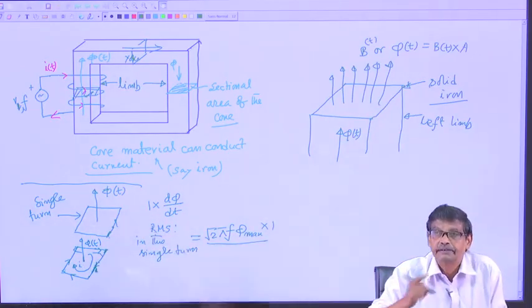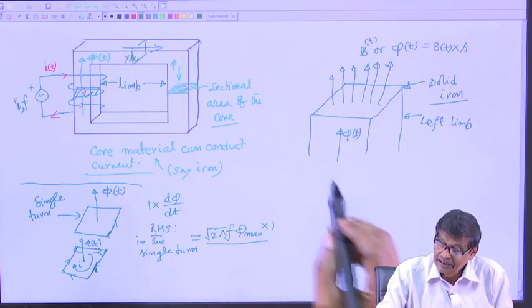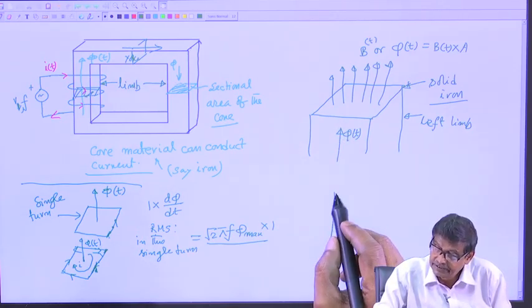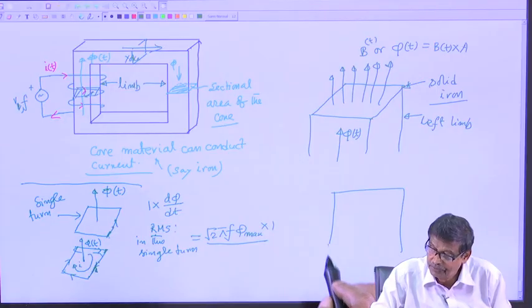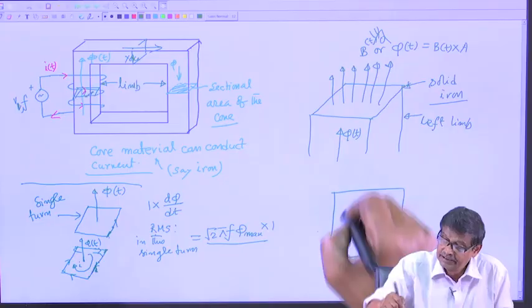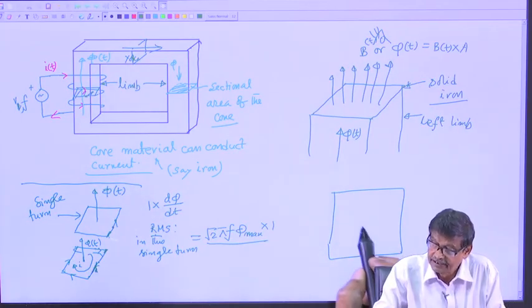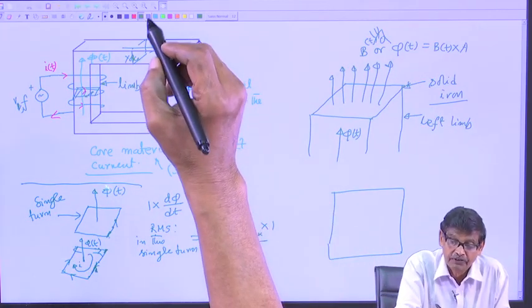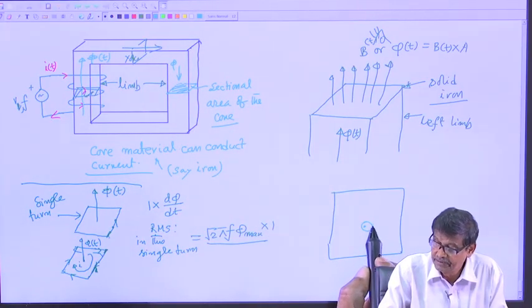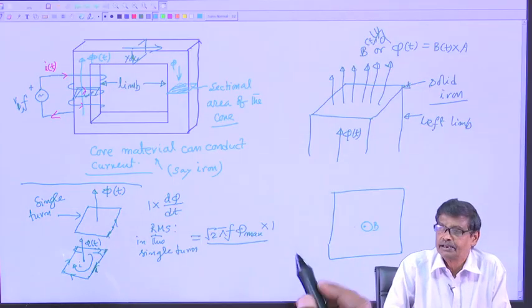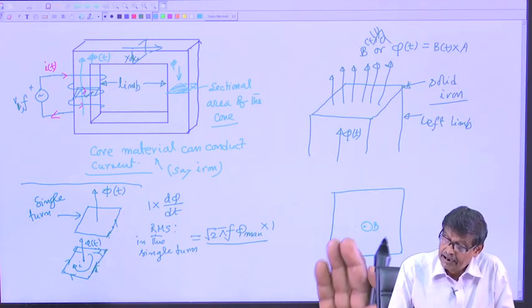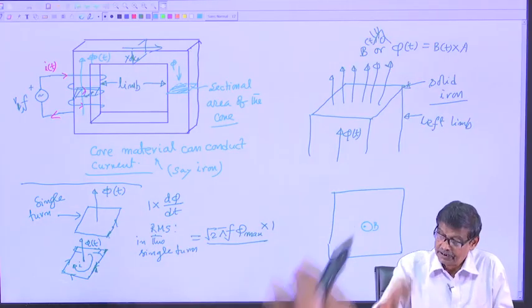It is like this. Try to understand first. Suppose I am looking from the top. This is the section, and the flux lines are coming out. Suppose this is the direction of B. I have just shown one line, coming out, and it is time varying, going up and down.